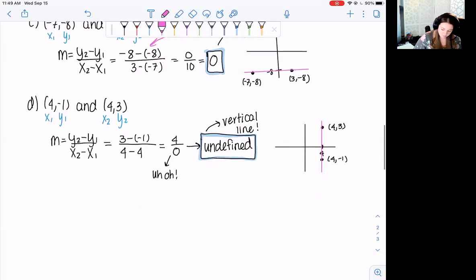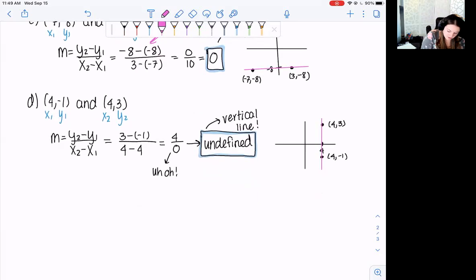The big takeaway there is if your slope is equal to 0 over a number, that means your slope is equal to 0, i.e. you have a horizontal line.